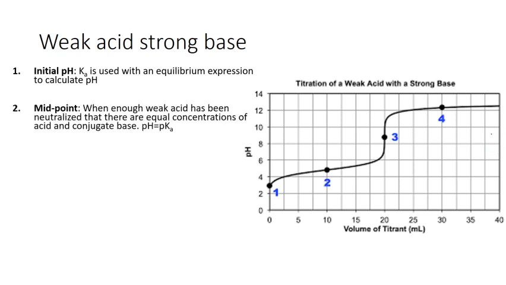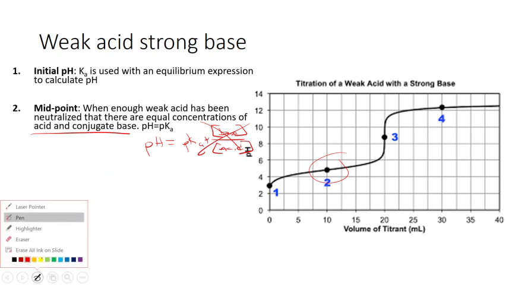The midpoint, right? So this is the midpoint, and that's when enough weak acid has been neutralized that there are equal concentrations of the acid and conjugate base. And if you remember our Henderson-Hasselbalch equation, when these concentrations are equal, this section crosses out, we get pH equals pKa.